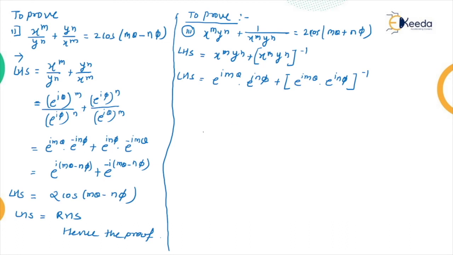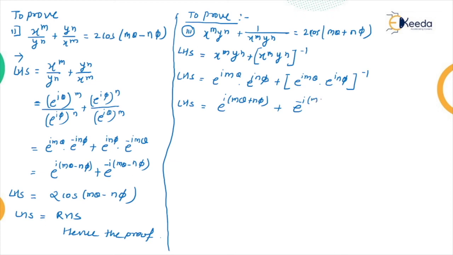Now I am taking here LHS as e raised to i into (m theta + n phi), plus e to the power, here minus i is common, so this is (m theta + n phi).